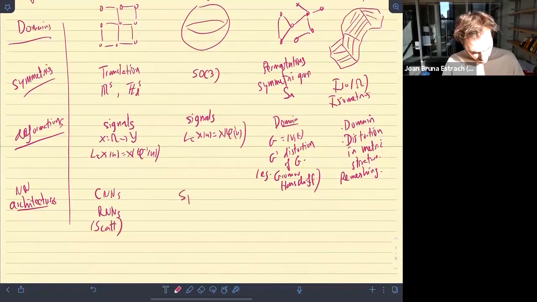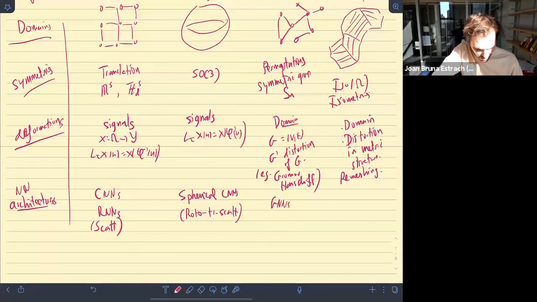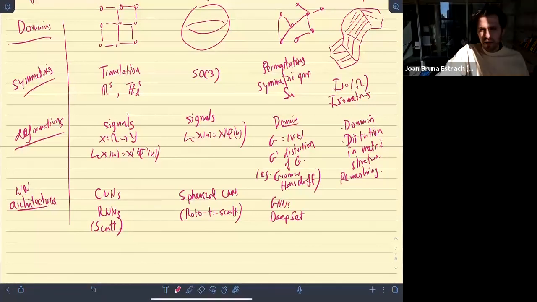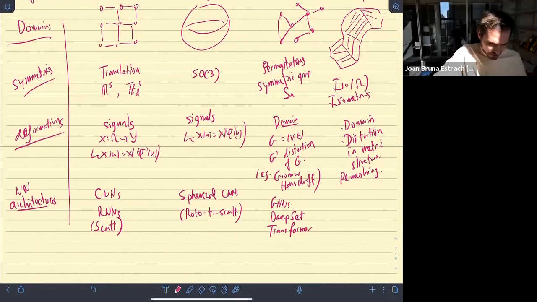Here we have the spherical CNNs, and also the roto-translation scattering that I introduced today. Here for graphs we have GNNs, we have the deep set, which is the architecture where you just disregard the edge structure, just look at the nodes. And then we have the transformer, which is trying to infer the edge structure.